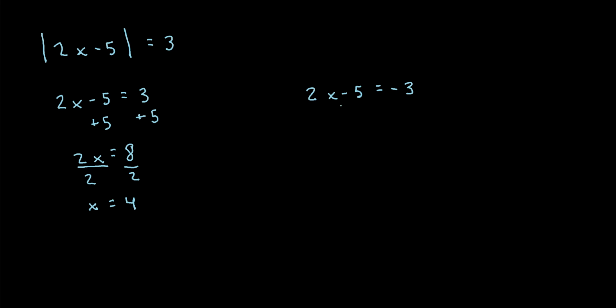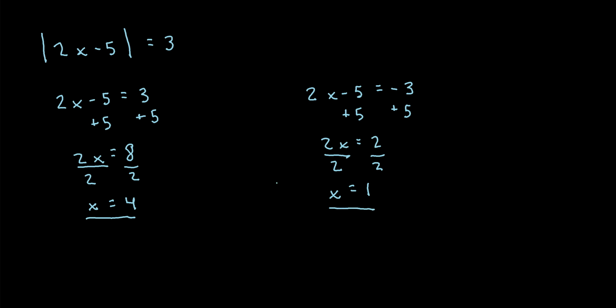Now over here, to solve for x, we can add a 5 to each side. And we get 2x is equal to negative 3 plus 5. That's positive 2. And to solve for x, we can divide each side by 2. So we're left with x is equal to 2 divided by 2 is just 1. So there are two solutions. x is equal to 4 or x is equal to 1.